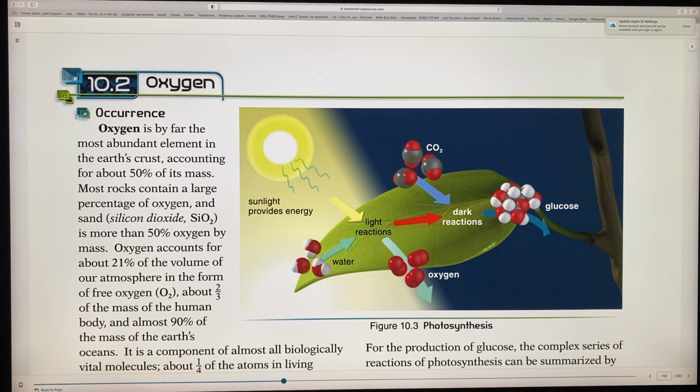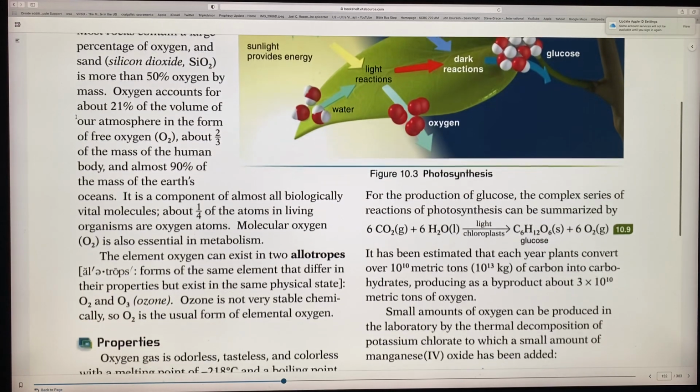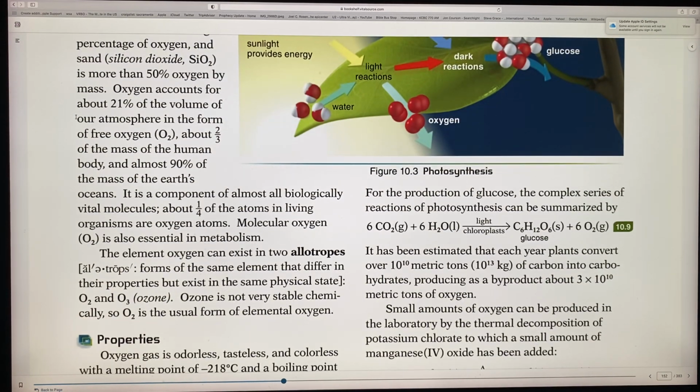And 90% of the mass of the Earth's oceans is oxygen, of course, with H2O being made of oxygen. Of all our vital biological molecules, 1/4 of the atoms are oxygen. And oxygen is essential in the metabolism of our bodies. So here we have a lot about oxygen.